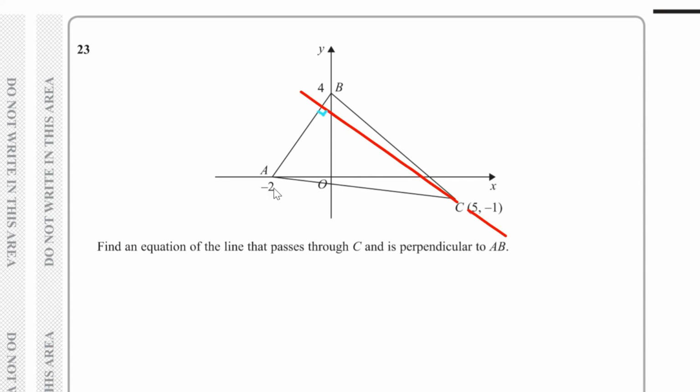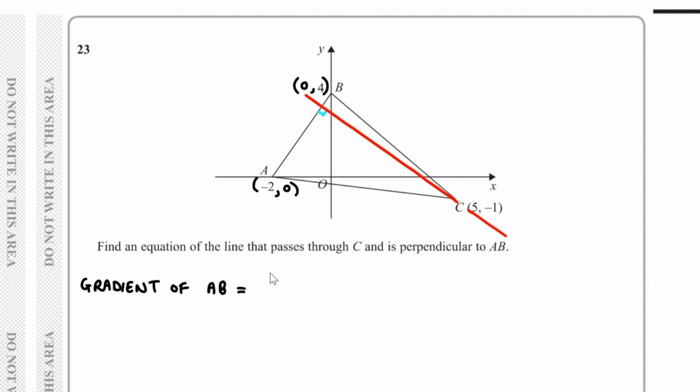So first of all, A has coordinates -2 across, 0 up, and B has coordinates 0 across, 4 up. So we have 0, 4 for the coordinates of B. Therefore we can find the gradient of AB.